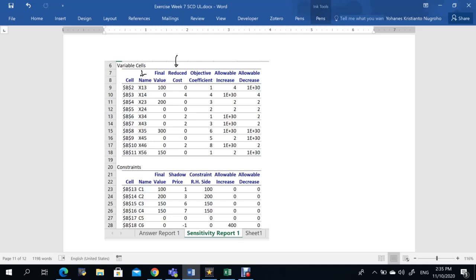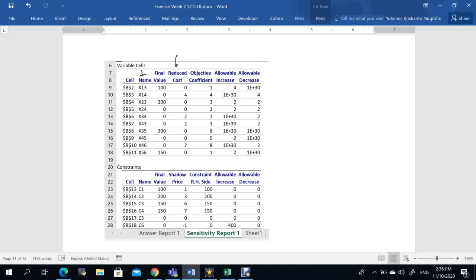And the allowable increase, however, is 4, meaning that we are allowed to increase the shipment from 1 to 3 by 4 and decrease it by almost infinity. However, at X14 in the second row of our table, the reduced cost is 4. Why?